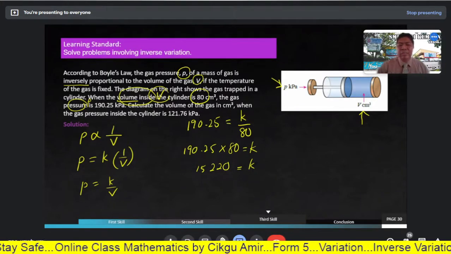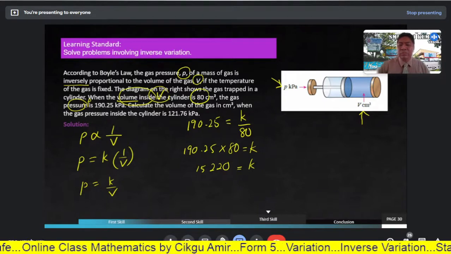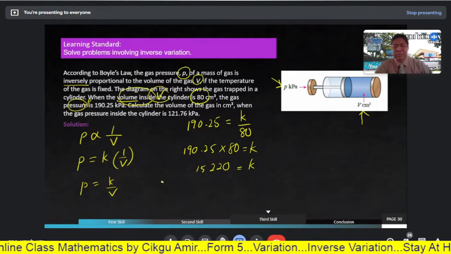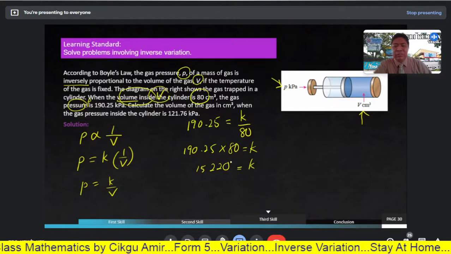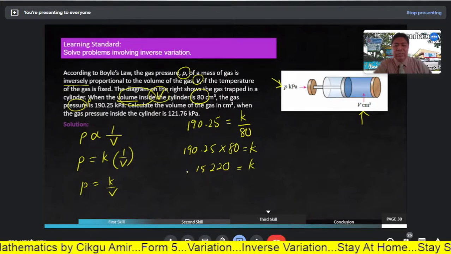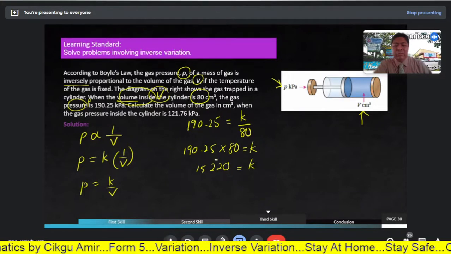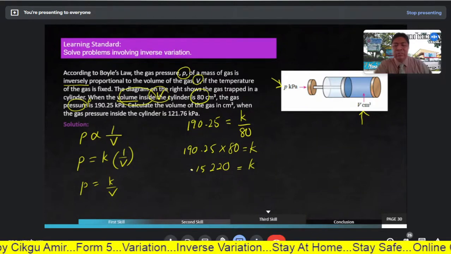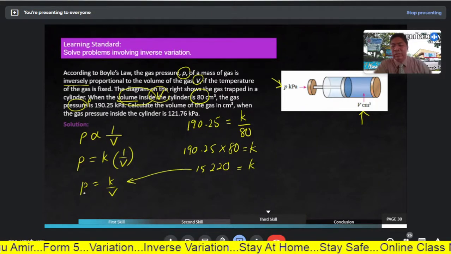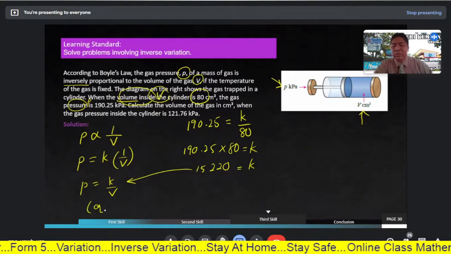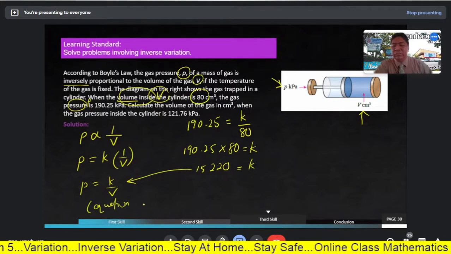K is 15,220. So the new value of k is going to be substituted in the equation form.